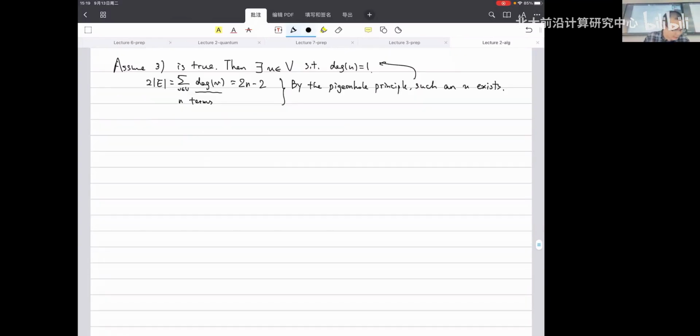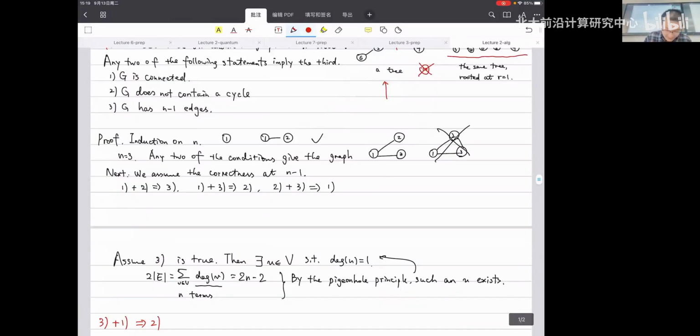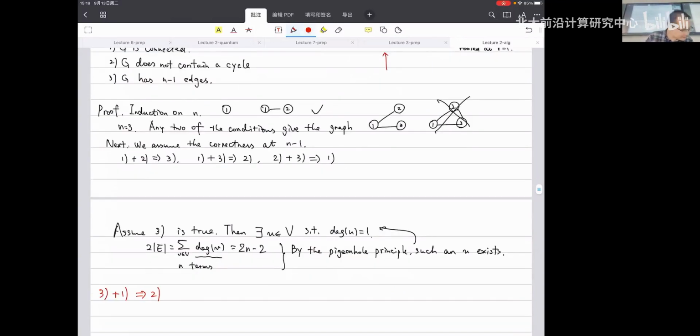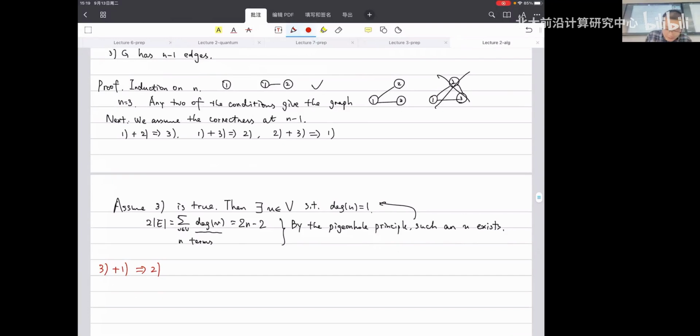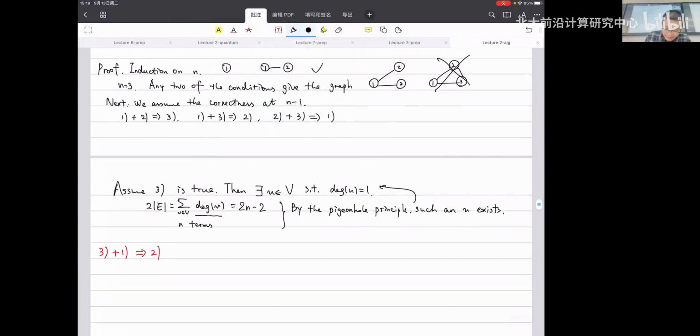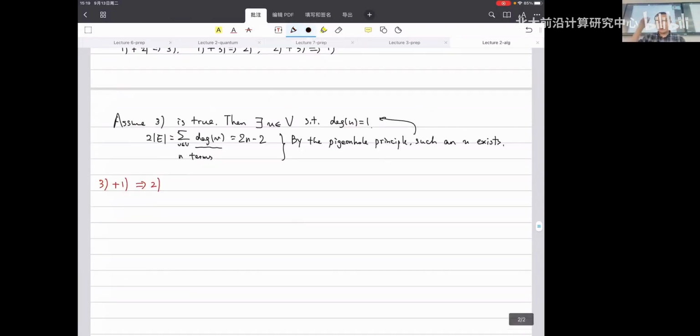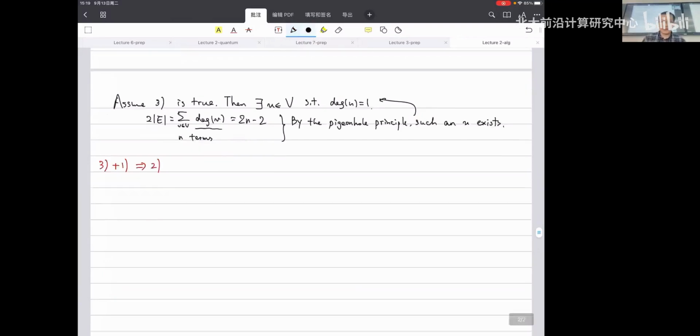Then let's discuss more. Let's first consider the case where we have 3 and 1, and we want to imply 2. So 3 and 1 means G has n-1 edges, and on the other hand, the graph is connected. The argument is why we want to specifically look at a vertex whose degree is 1.